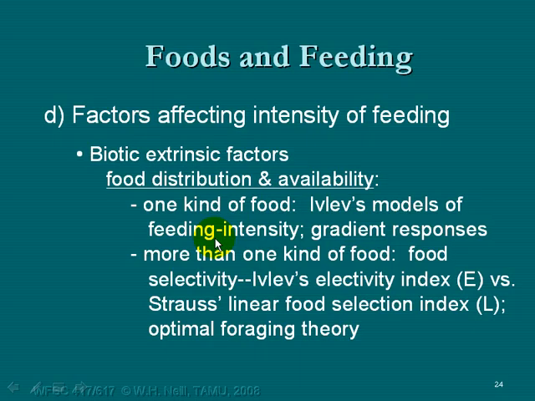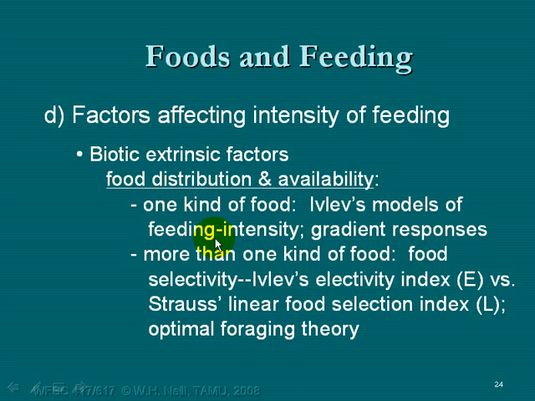Biotic extrinsic factors. This brings us to concerns about the kind of food and its availability, and food distribution. If you got just one kind of food, then we talk about feeding intensity as a function of food availability or food density, and gradient responses to the variation in availability.